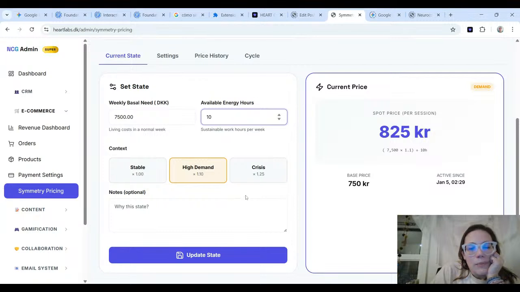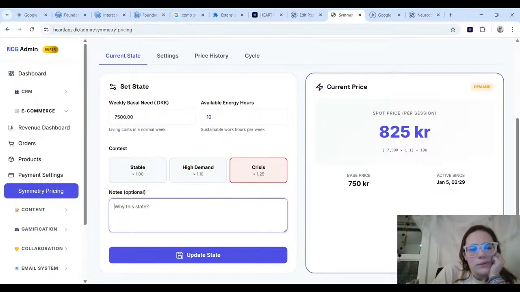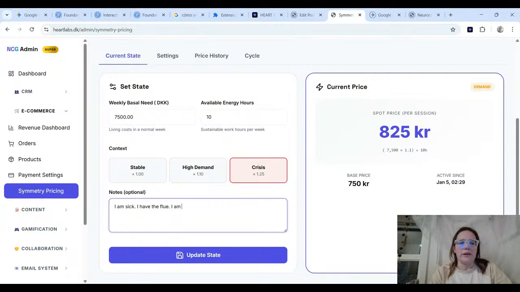If you are in crisis, for example, you can also put notes here, like, I am sick, or I have the flu, or I am in my third trimester.